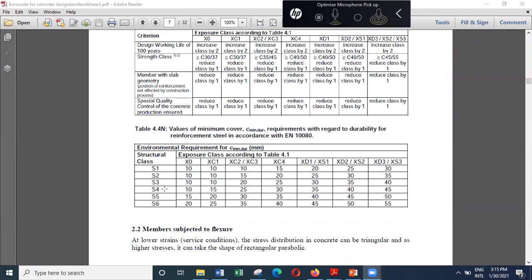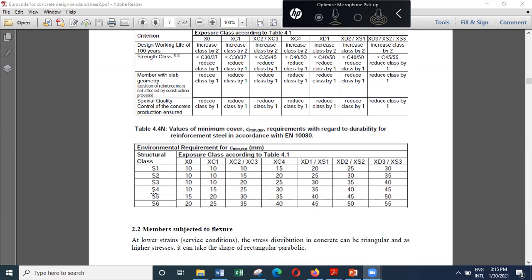And generally structural class S4 means a structure designed with a 50-year life expectancy. So basically, we design the structure to last at least 50 years.